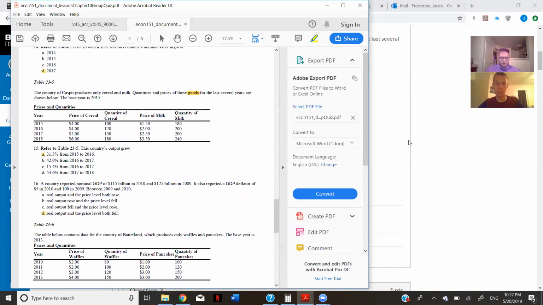Looks like if you do the GDP for the two, and you divide them by each other, for the first one, you get 31.3%, and the second one, you get 42%. That's what I got, at least.